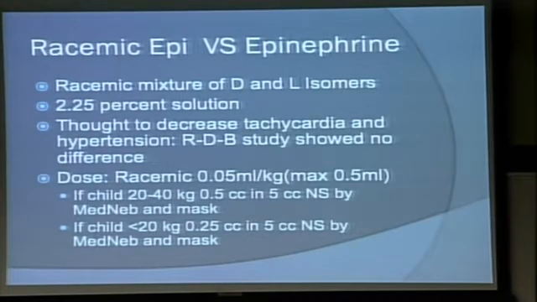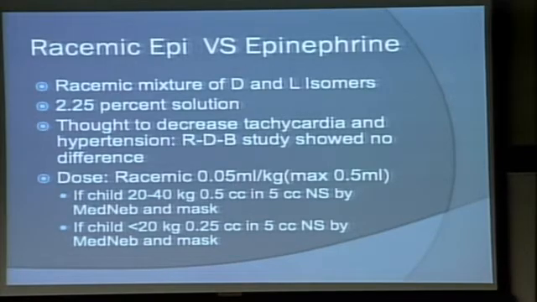And it comes as a 2.25% solution. So it's more concentrated than regular epinephrine. And why did we come up with it? Well, because we thought that the racemic mixture would decrease tachycardia and hypertension when given.